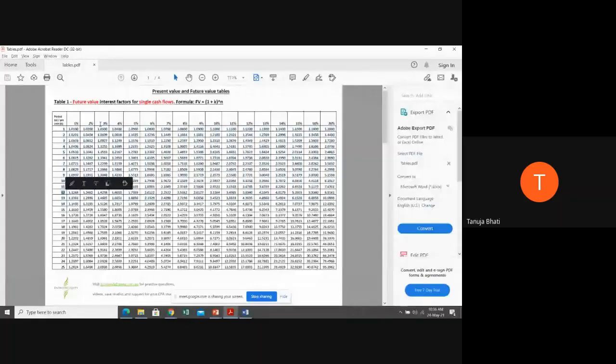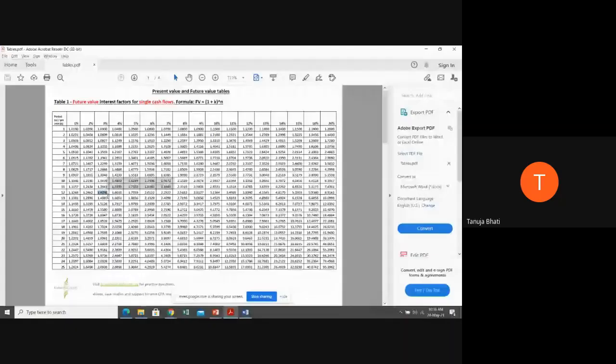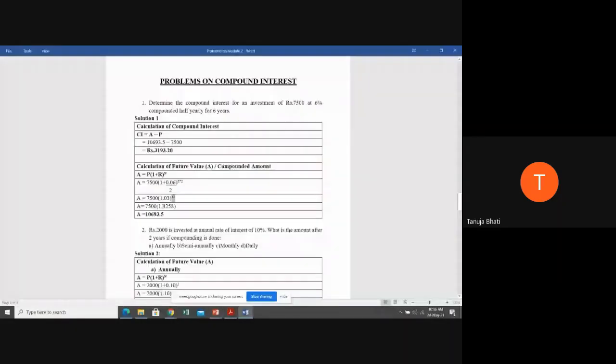The figure for 3% for 12 years is 1.4258, and that is what we have taken here. When you multiply these two, you get 10693.5. This is the way we calculate a base raised to a power, either by using a scientific calculator or the tables which will be given to you all in your examination.